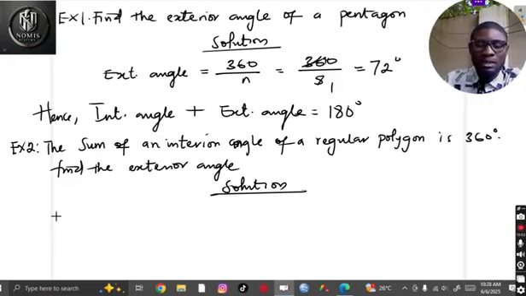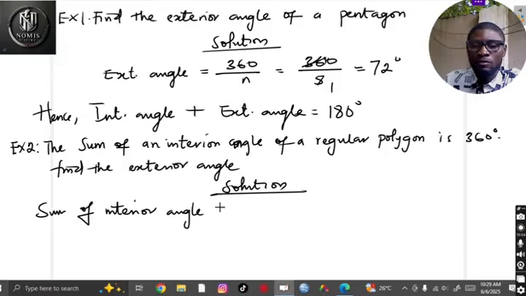Can you remember? The sum of interior angles of a regular polygon is n minus 2 multiplied by 180.